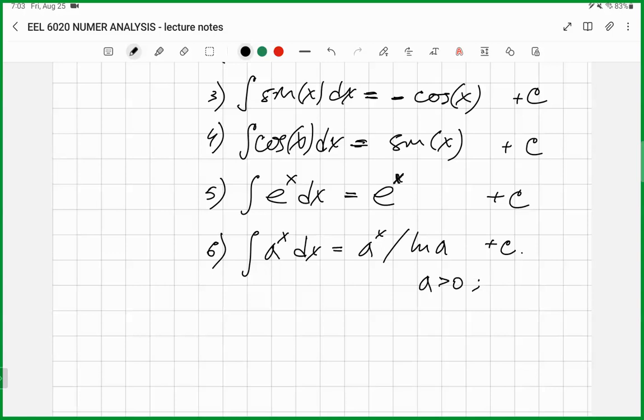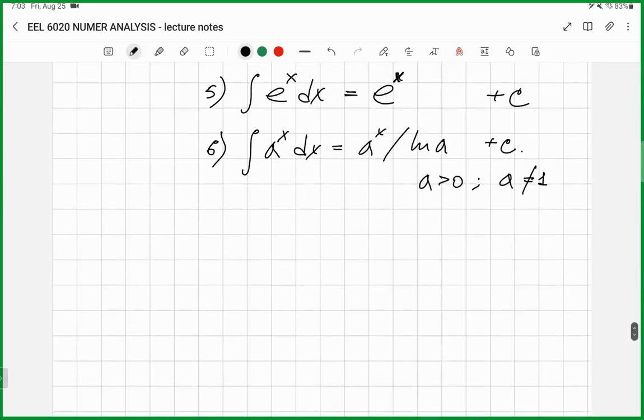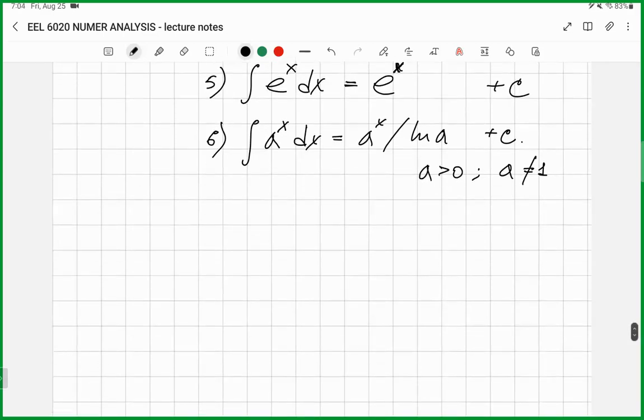And also, since this is a ratio, the logarithm of a cannot be equal to 0, which happens when a equals 1. So this a must be positive and not equal to 1. Yeah, so basically this is about differentiation and integration. We already have 7.